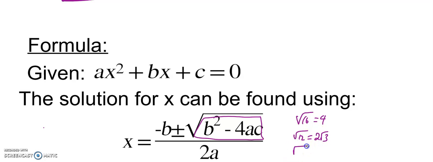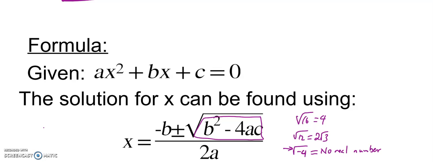But if I have the square root of, say, negative 4, well, what number times itself equals negative 4? Well, that's impossible. There's no real number that would work, right? So the problem is, if this radicand, and the radicand is what's under the square root, if that radicand is negative, then we've got an issue.